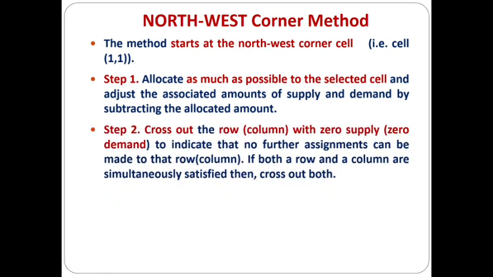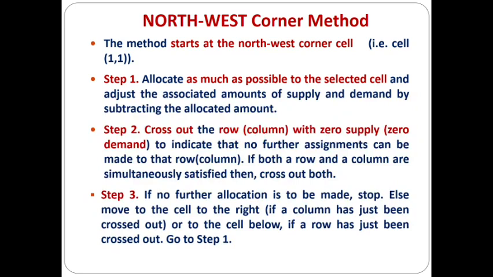Then one of the columns or rows will have 0 value. If a row or column has 0 supply or demand, we just cross it out, and if both the row and the column are simultaneously satisfied, then cross out both.